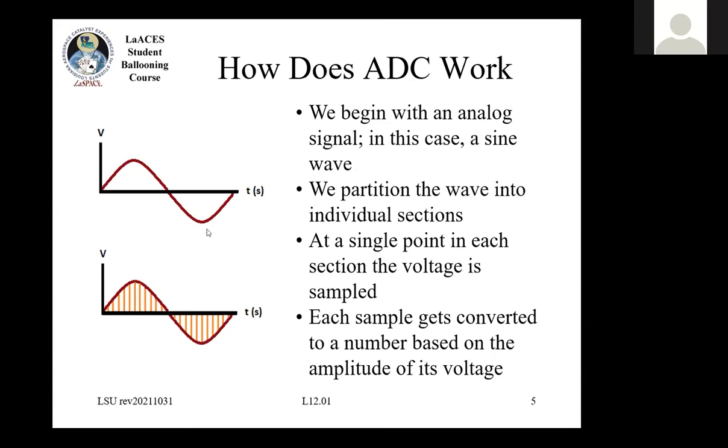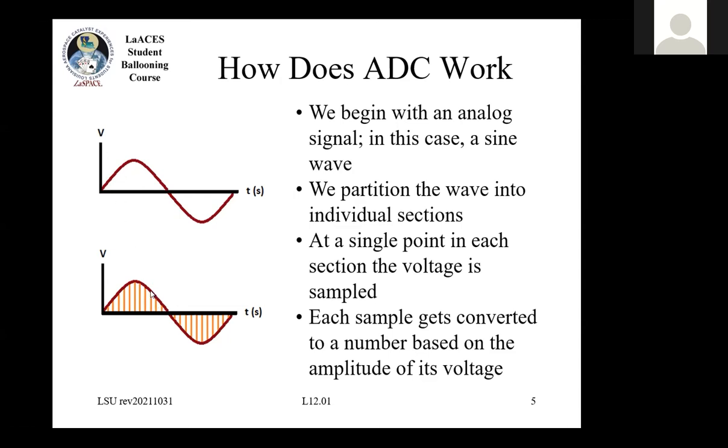So first, we need to slice it up into individual time sections, right? Each one of these we then divide up, because we can only have a single number at a single point in time. And we don't have an infinite amount of time slices. So we're going to have some sectioning that we're going to do into individual times.